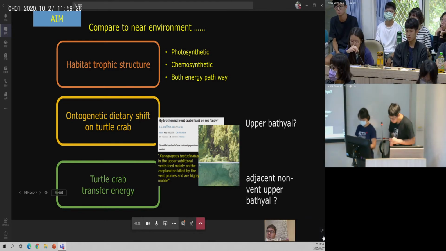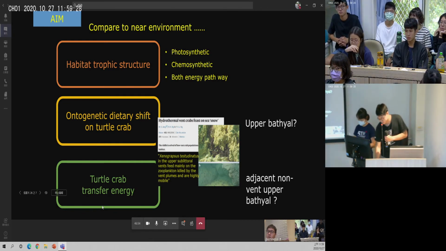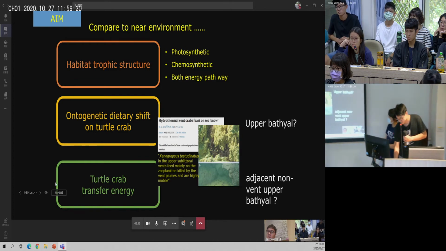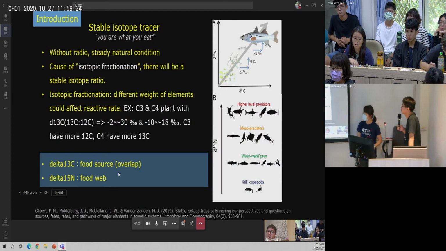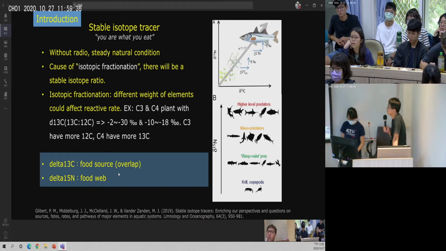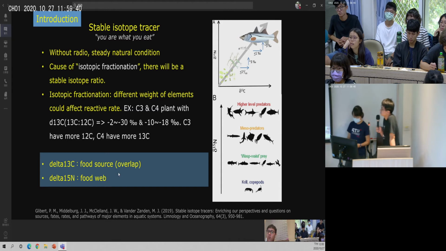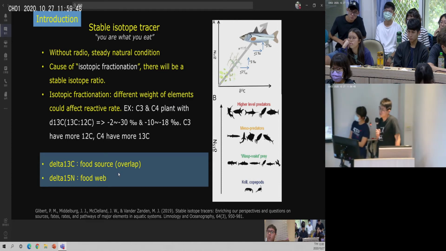Why do delta carbon 13 and nitrogen 15 represent the food source and food web? Because we know they are stable isotopes, so they cannot change very extremely by any other factor.